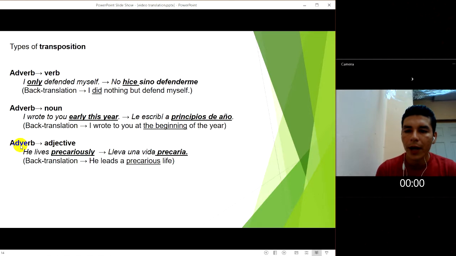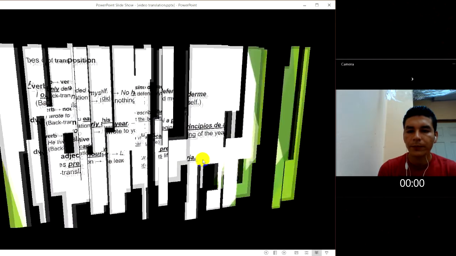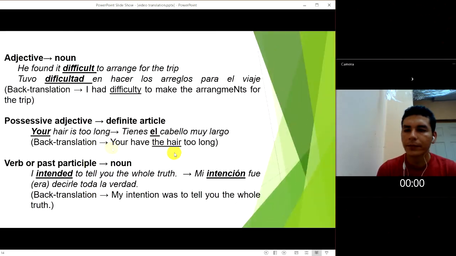We have here adverb and adjective. In English, he lives precariously. In Spanish, lleva una vida precaria. Back translation: he lives a precarious life. It is a literal translation. Adjective now.